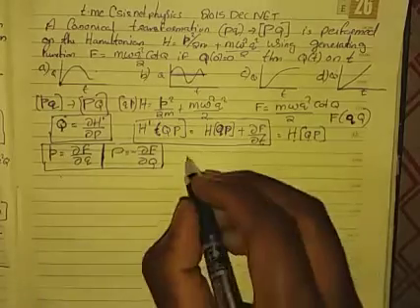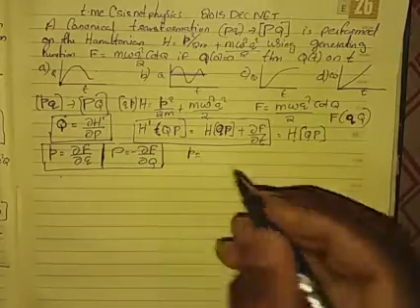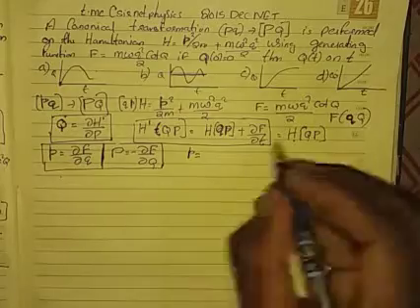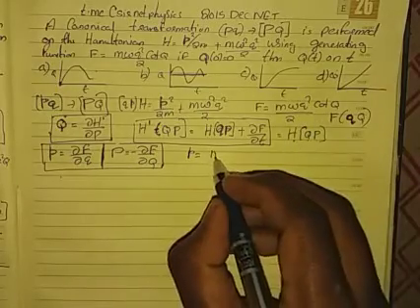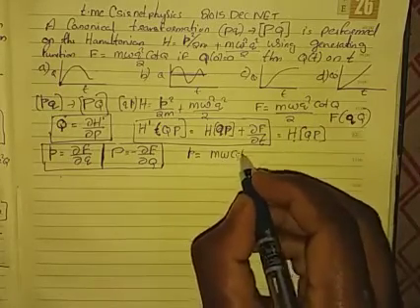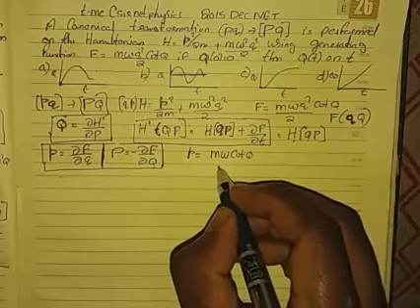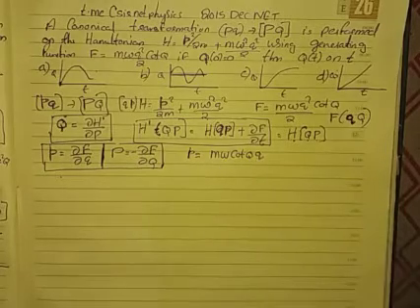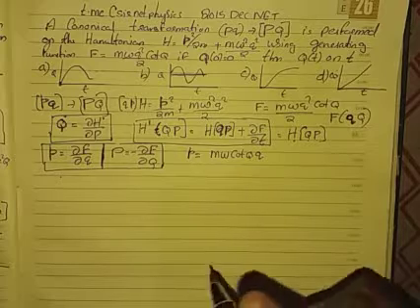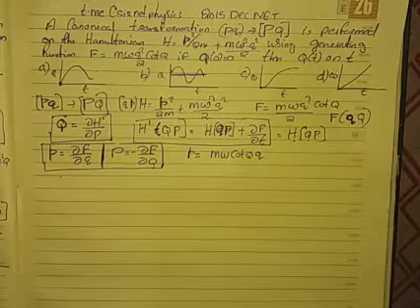Now we can calculate p, which is equal to dou F by dou q, small q, of course. You get m omega cot Q times small q, and that's small p right there.